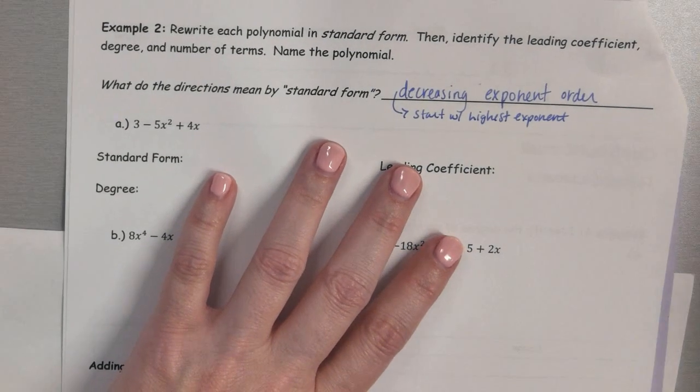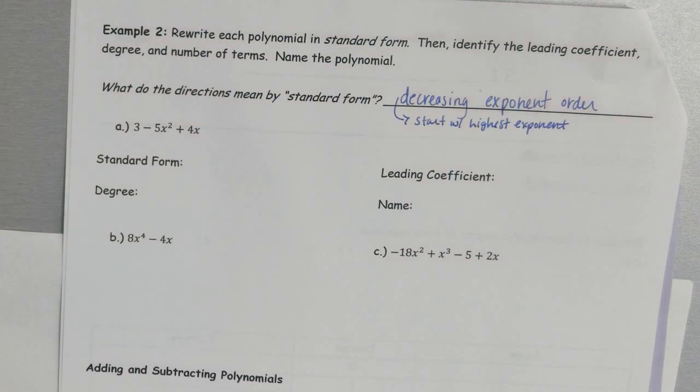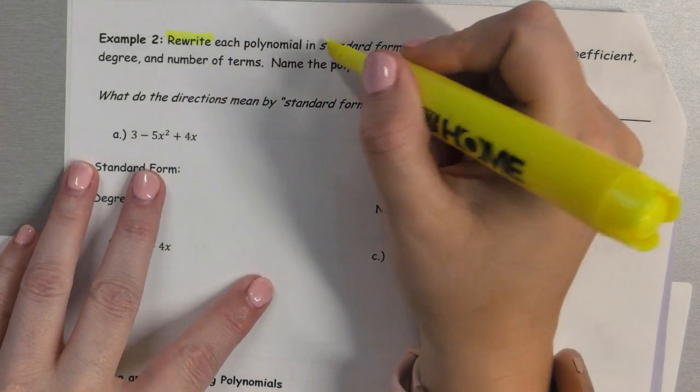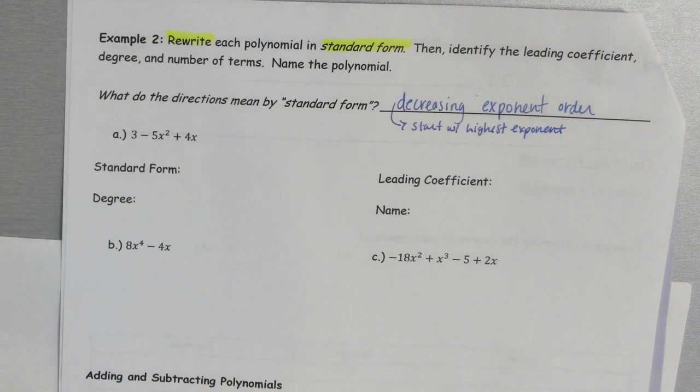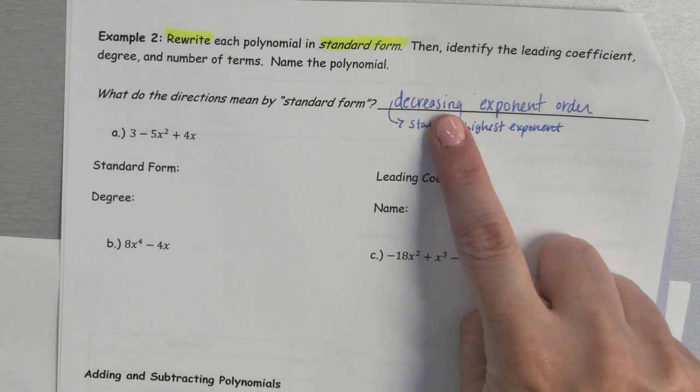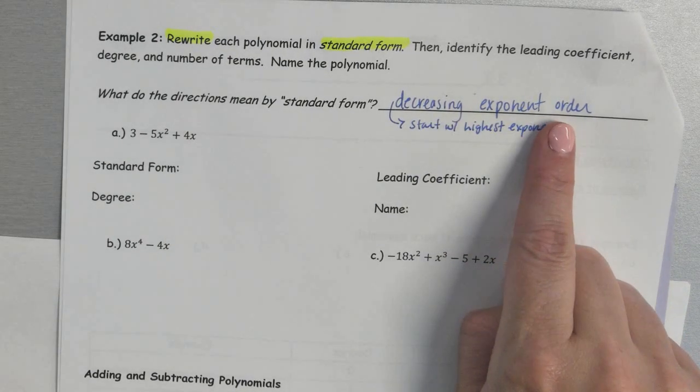Okay, great. All right, so let's talk about all the things we have to find today. So the first thing we have to do is rewrite each one so it's in standard form. So the highest exponent term goes first, and then it's decreasing exponent order.